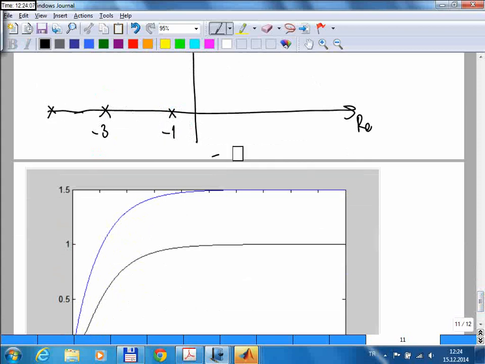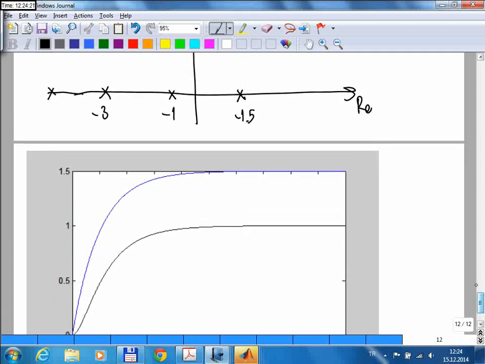But if you have a pole on the other side, let's say a pole here at plus, I don't know, 1.5, then the response due to that pole will be divergent. And it doesn't matter how many stable poles you have. Even if you have just one divergent pole, that will cause the overall response to diverge.